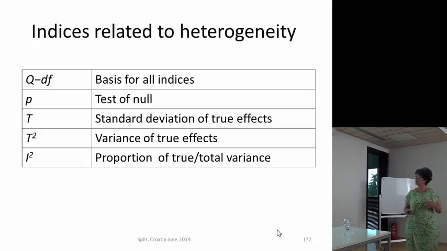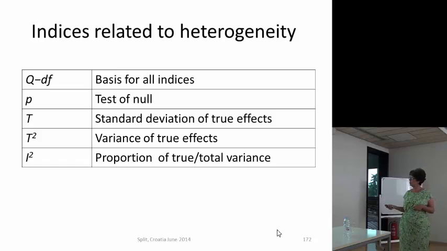Tau square is just the variance, the standard deviation squared, and I square, which has become the most popular used index of heterogeneity, just tells you the proportion of the total variance that can be attributed to true study differences. Okay, and as a proportion, it's a kind of relative value.